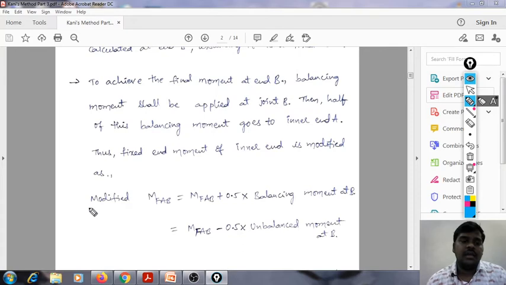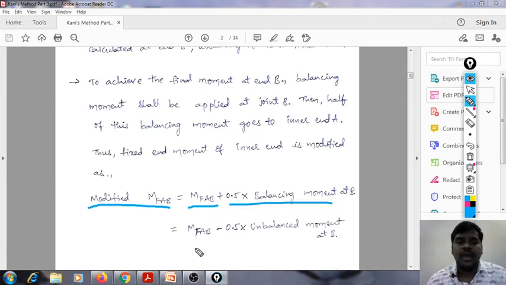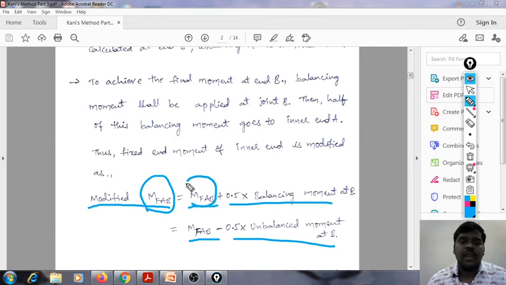And here the modified MFAB is MFAB plus 0.5 into the balancing moment at B, and another is MFAB minus 0.5 into the unbalanced moment at B. So if you want to find the final or modified fixed end moment, first we have to add or subtract to the MFAB.